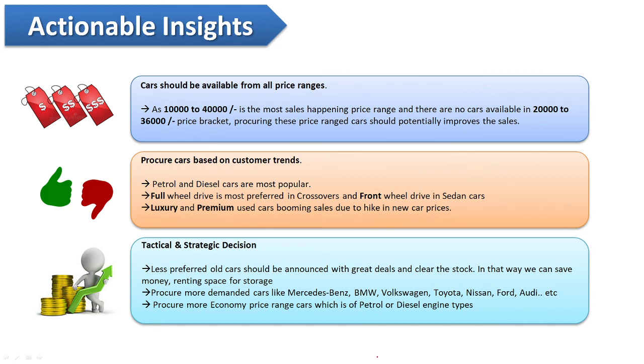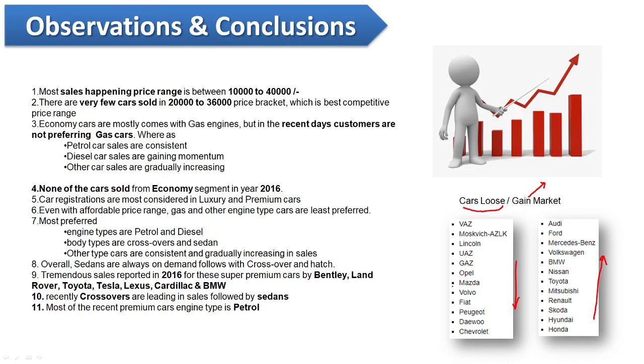The other actionable item is that, not only in terms of knowing customer trends and filling the gaps in the price ranges, we also need to address this problem tactically as well as strategically. There are many car brands, as I told you previously, that are losing the market.